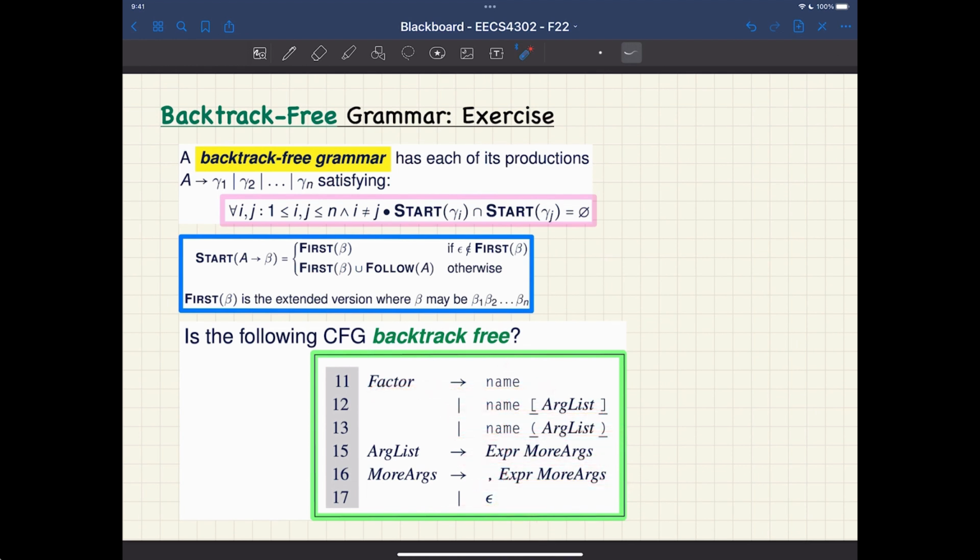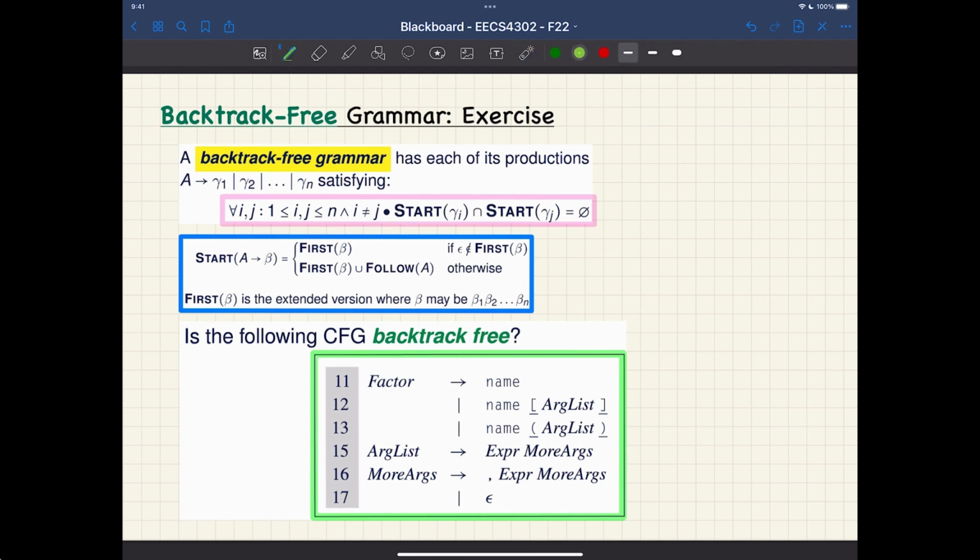We want to make sure pairwise the start set for any 2 production rules do not overlap. The overlap should be just empty. There should be no symbol that's common. If you think about it, it actually makes sense. This is to say, in order for us to determine the look-ahead, if the look-ahead for 2 production rules happen to be the same, in that case, we don't know which one to choose. It's kind of ambiguous, right?